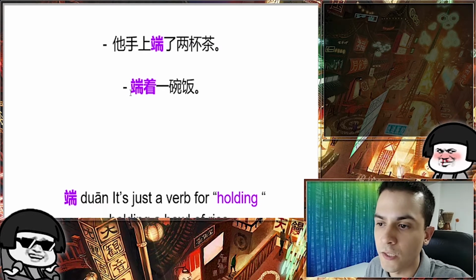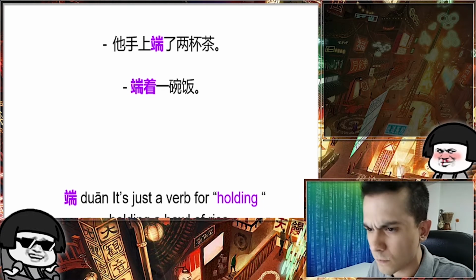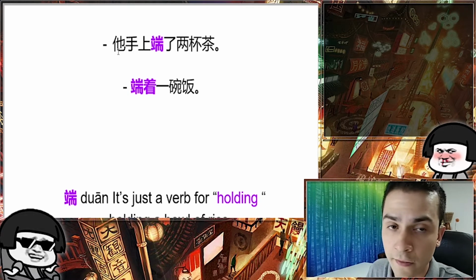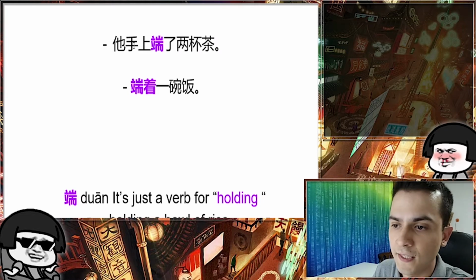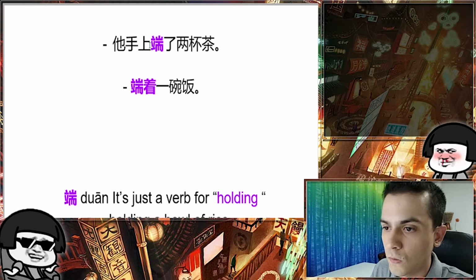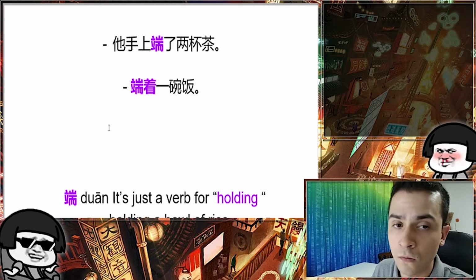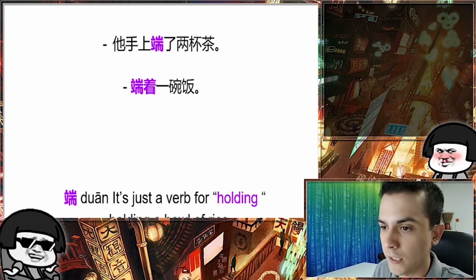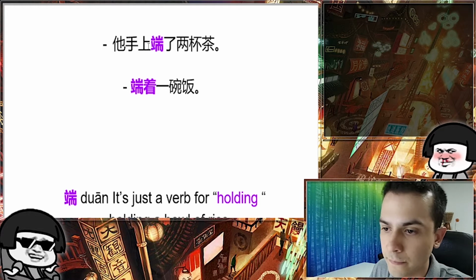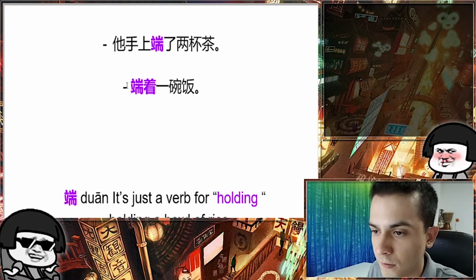Okay, 端着一碗饭. So what does this mean? Okay, so 他手上, he in his hand, 端了, held or is holding now, 2杯茶, 2 cups of tea, alright? So he's holding them. Nice.